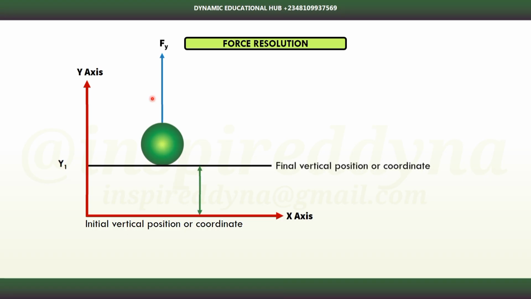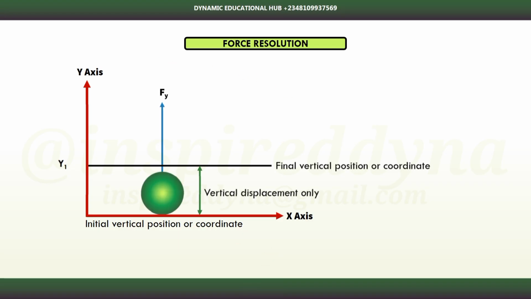So that is why we now have a final vertical position or coordinate. Here will be y0 and here will be y1 or y. So that is the final coordinate. This object only changed its position along the y-axis because this force is only acting along the y-axis. So let's drop it back. We now have vertical displacement only.